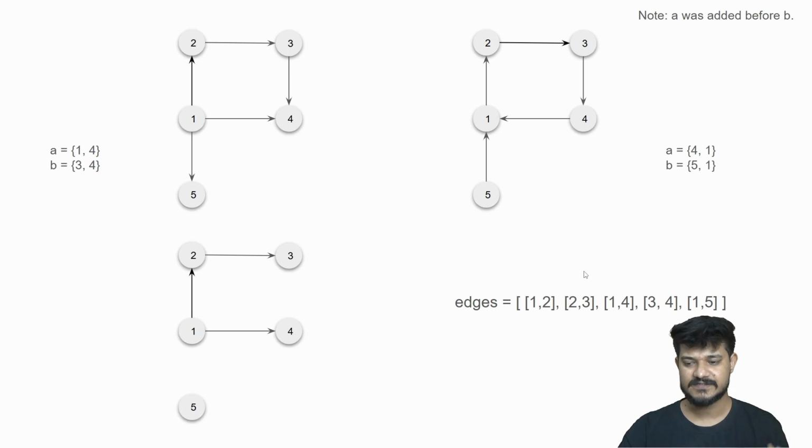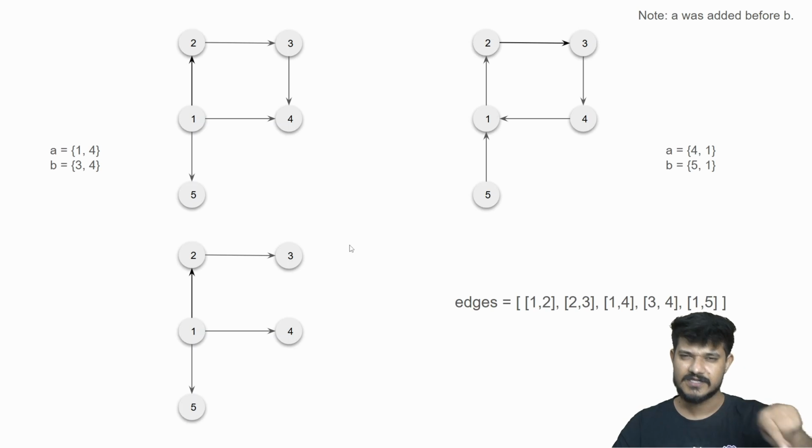Now, as I said, while we are processing the edge list, we won't process edge B. So I am at edge B. I'll ignore it and go to the next edge, which is 1 5. 1 and 5 were not connected, so I'll connect them. So I have gone through the edge list without using B, of course, and I did not find any cycle.